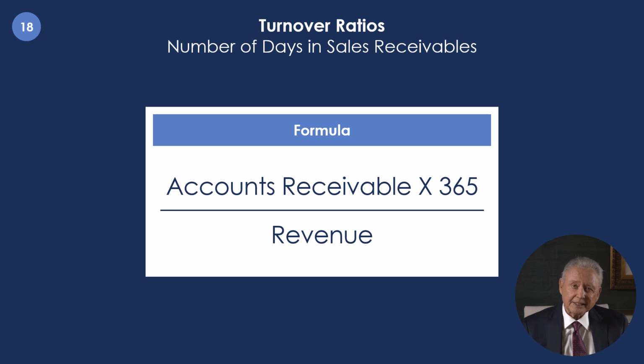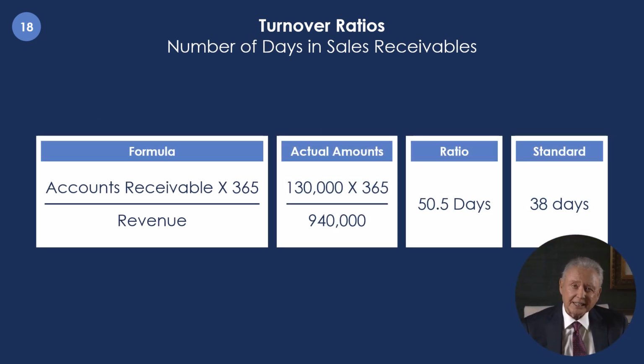Next we calculate the number of days sales in accounts receivable. We take accounts receivable, 130,000, multiply by 365 and divide by sales of 940,000. That equals 51 days. The standard for days sales in accounts receivable is 38 days. Even though we sell on 30-day terms, the world doesn't always pay on time, so 38 days is a more realistic benchmark.